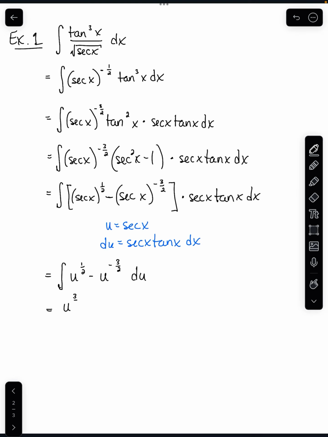U to the 3/2 over 3/2 minus u to the negative 1/2 over negative 1/2, and of course our plus c.